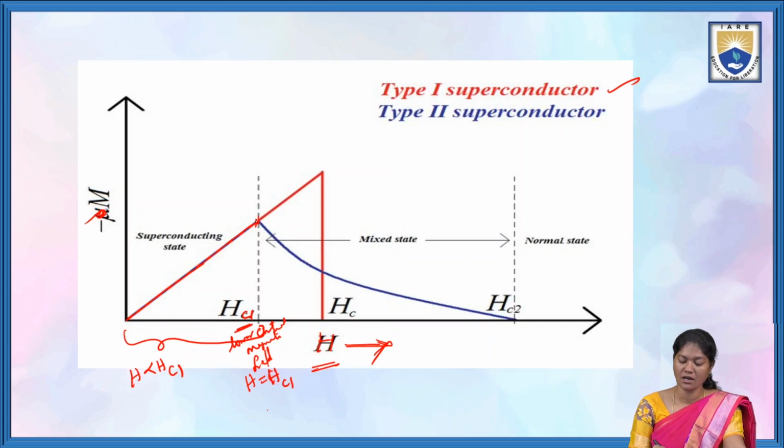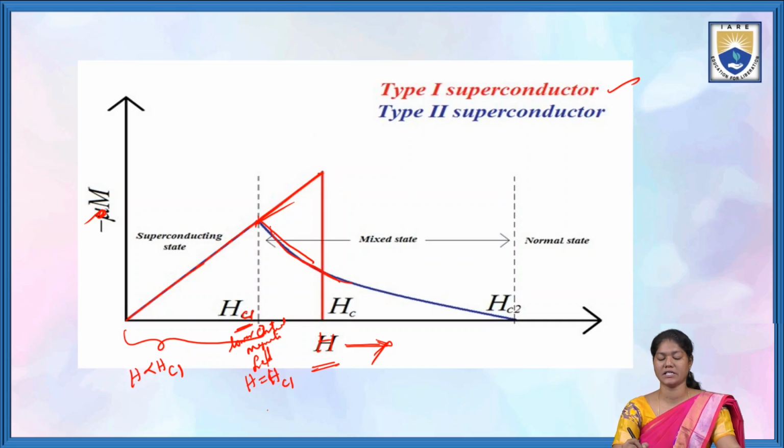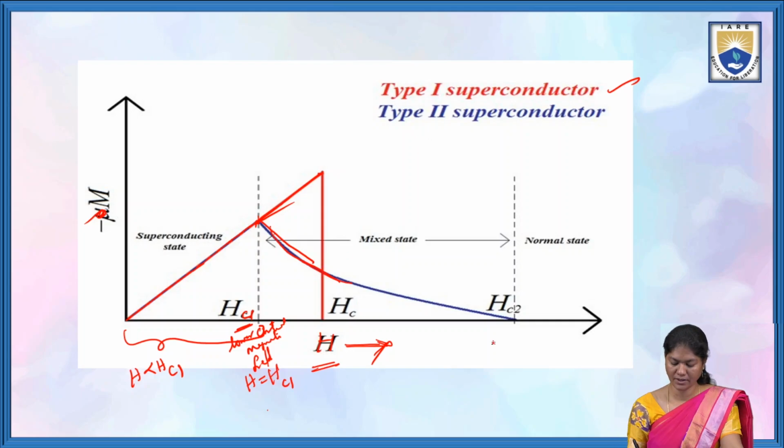So it shows the superconducting state as well as the normal conducting state. The superconducting state is there, and the normal conducting state also. Where H is equal to Hc2, minus M becomes gradually 0.